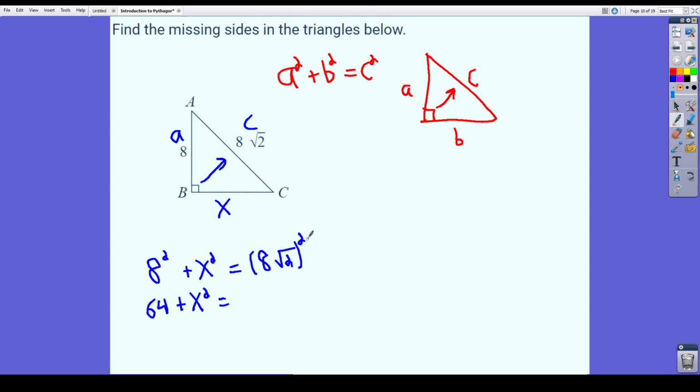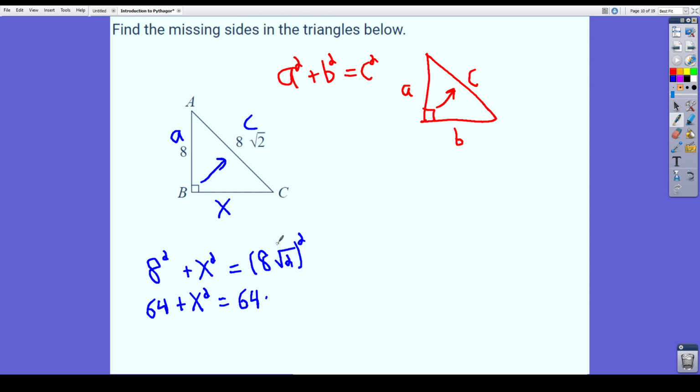Equals, well, hopefully you remember from algebra that if you have an exponent outside the parentheses, it gets distributed to each value. So I'm going to distribute the exponent to 8. We have 8 squared, which is 64, times the square root of 2 squared.